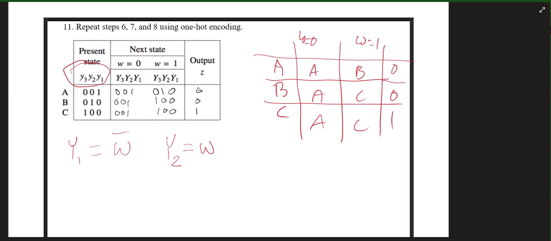So it's 1 when Y1 is 1. And then Y2 is also going to have a W ANDed with something. And we see that it's 1 when Y2 is 0. Wait, no.